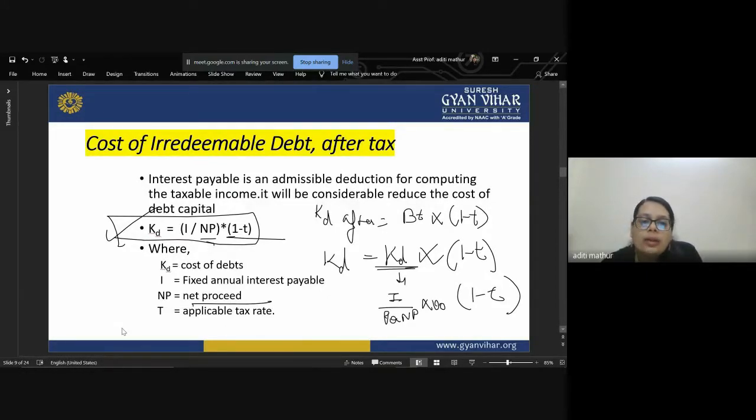And what was the formula of net proceed? Net proceed is equal to face value plus premium minus discount minus other expenses like your commission, printing, underwriting, and the amount which you will receive is your net proceed.